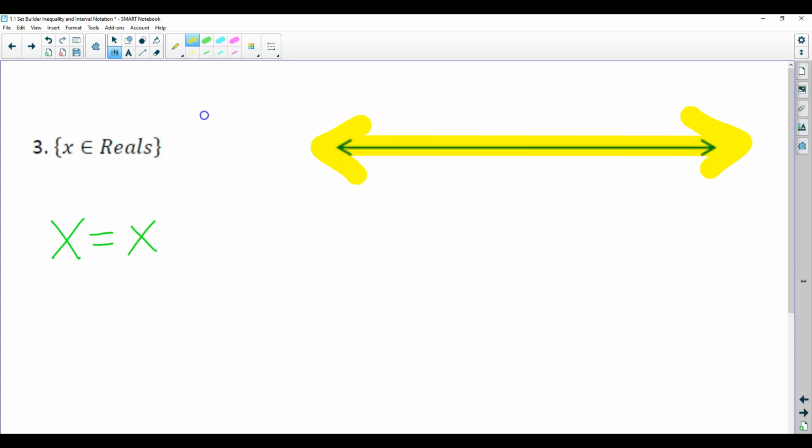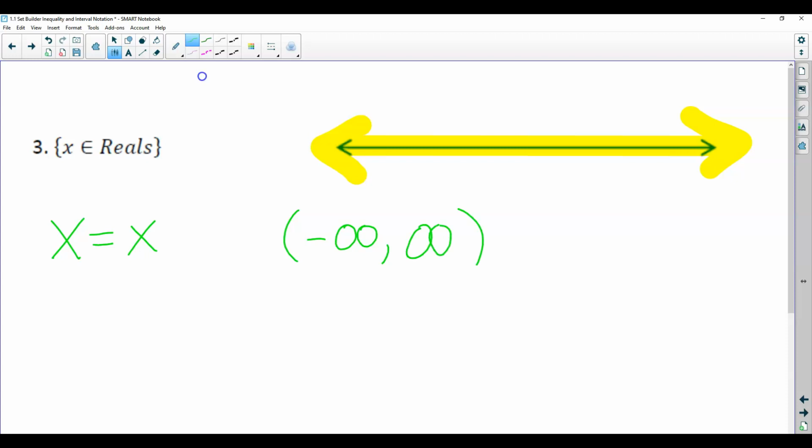How many arrows did I highlight? 2. That's how many infinity symbols I have to have. So if you notice, this starts at -infinity, and it's shaded continuously to where? Positive infinity.